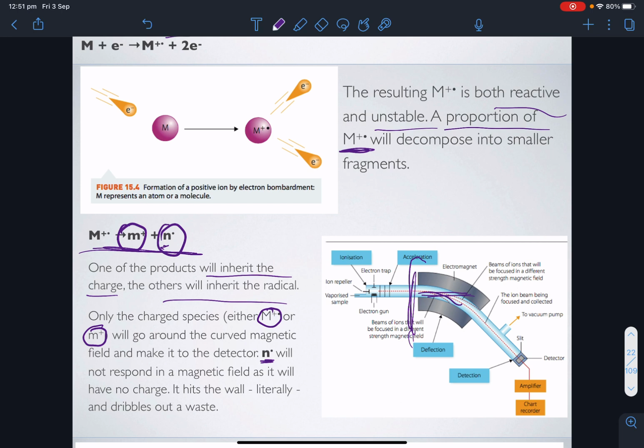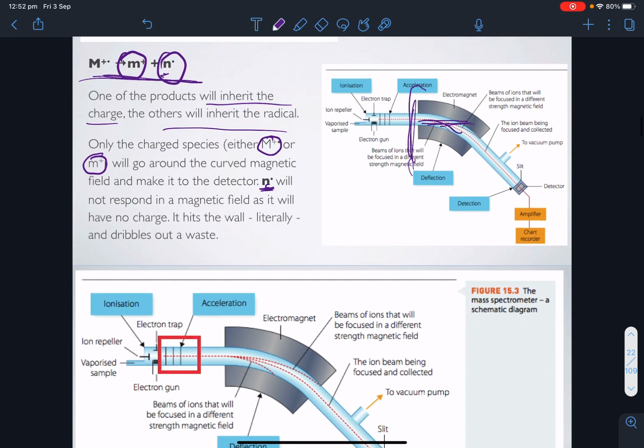That's why it's curved, okay? This tube is curved, and the electromagnet is curved, so that the non-charged particles hit the wall, and they can condense down and they can drip out, okay? So we're deliberately taking out, and we're only keeping the charged things. The charged ones will follow a curved path.